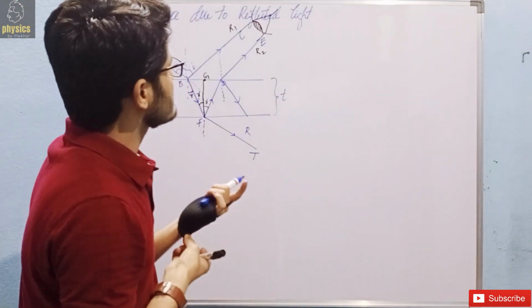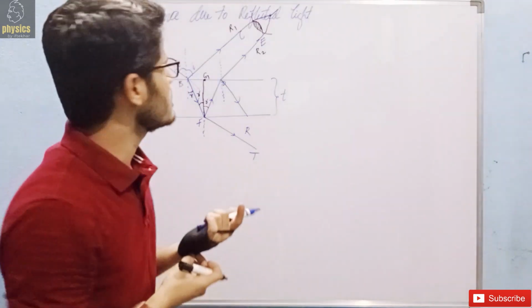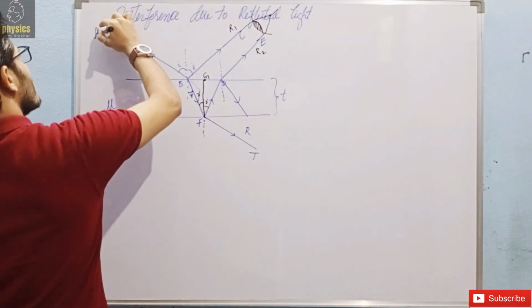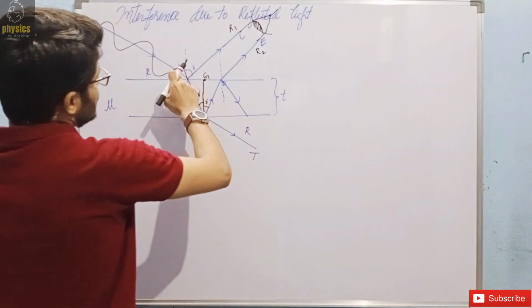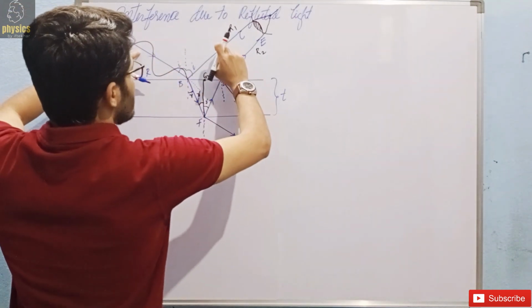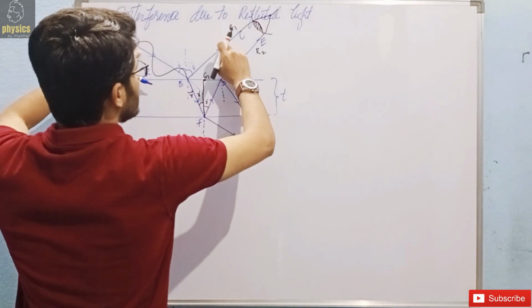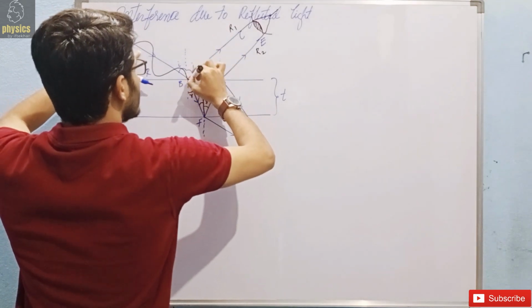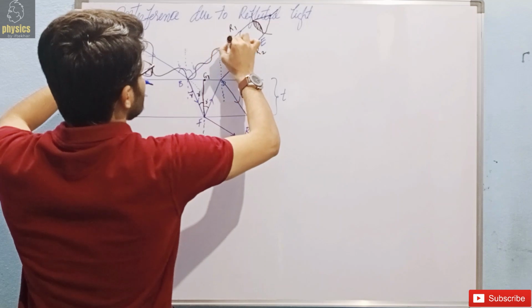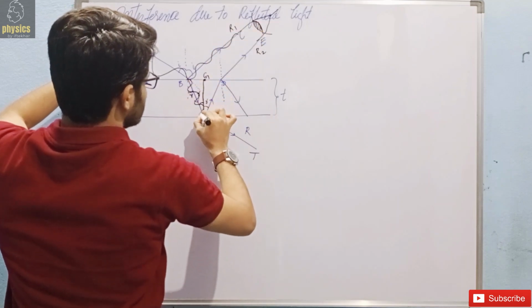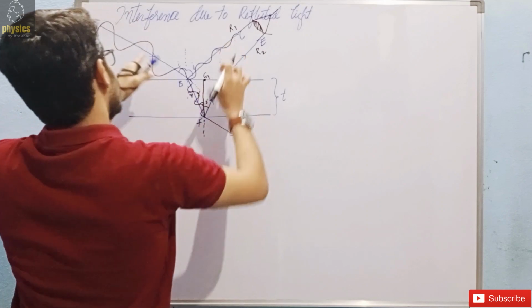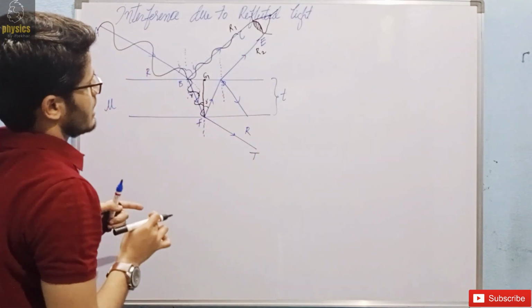Okay, now this type of interference is the division of amplitude. Why are we calling it division of amplitude interference? Because initially the wave will have some amplitude. You will not get the same amplitude in the reflected and the transmitted rays. The amplitude will decrease. If you sum them up, you will get the amplitude of the incident ray only.